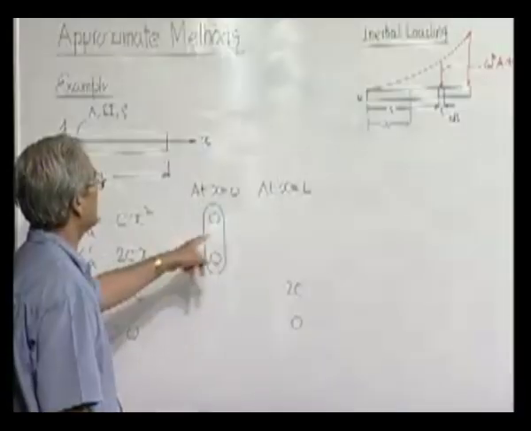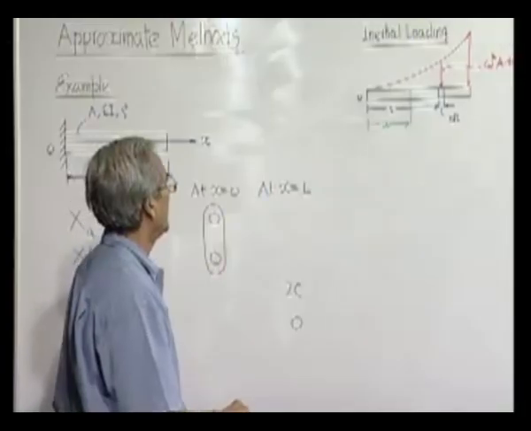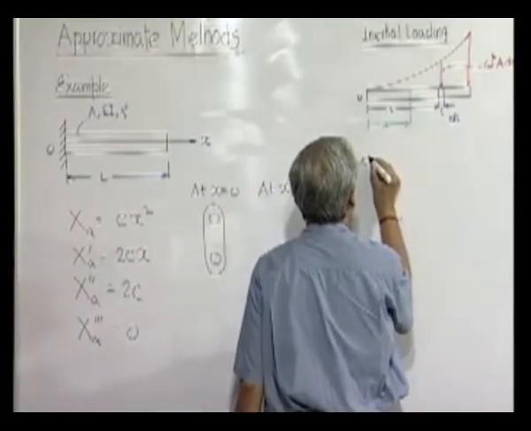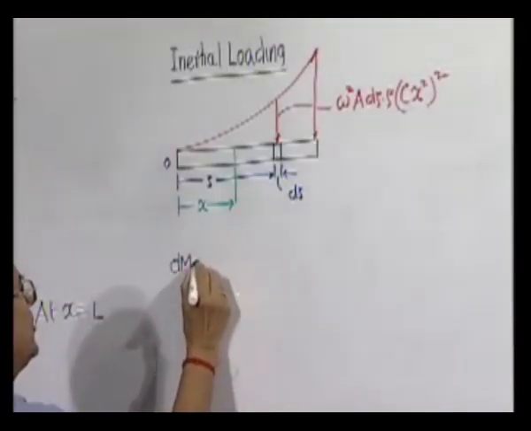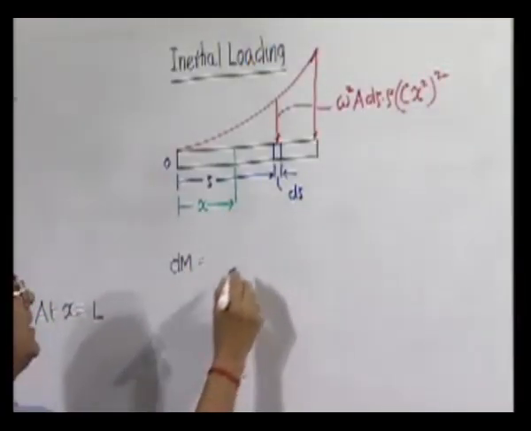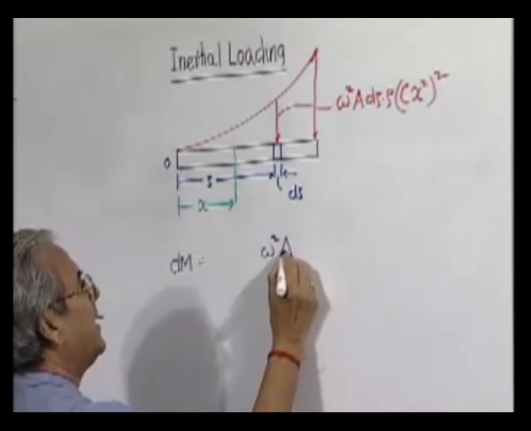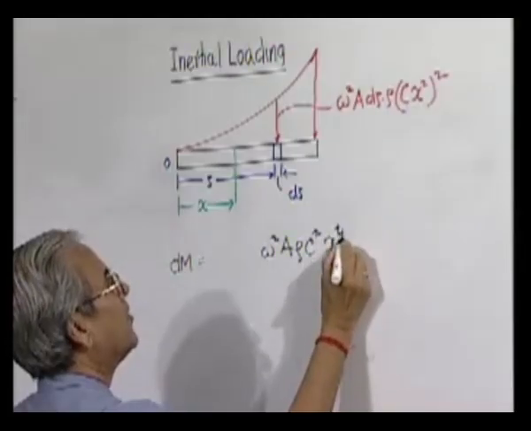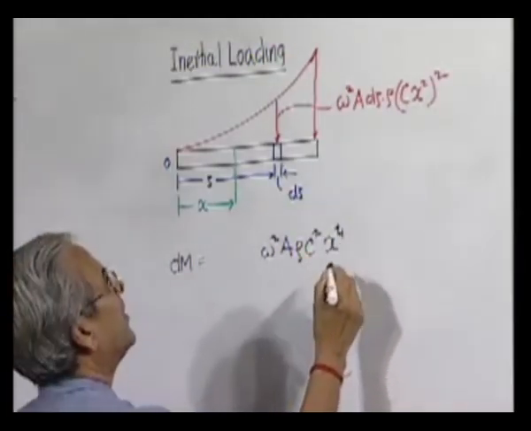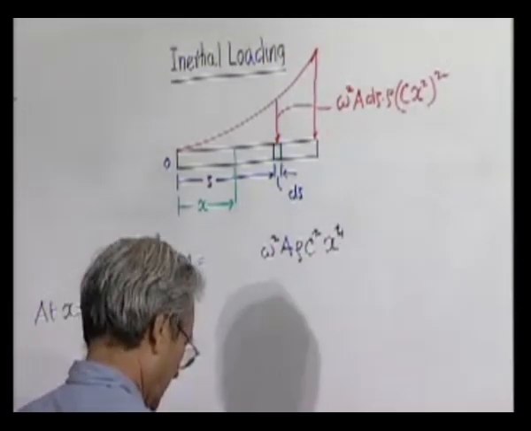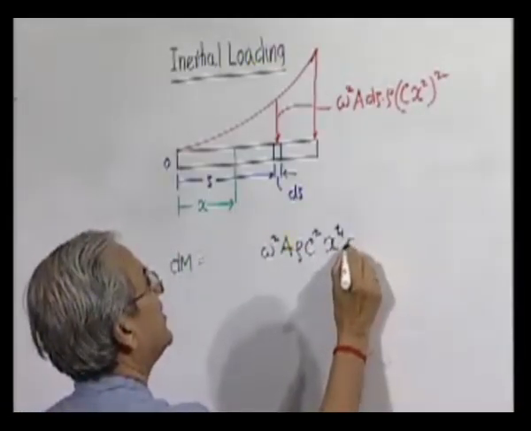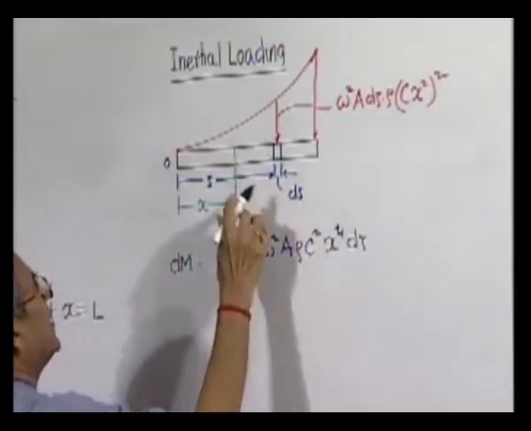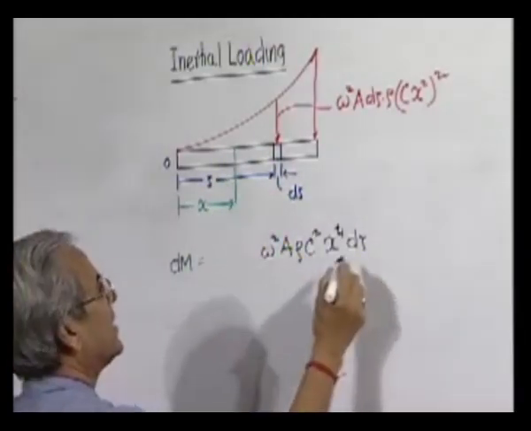So that is the inertia force. And moment of that at x due to this element will be omega square A rho c square zeta to the power 4 d zeta into this distance, which is zeta minus x.